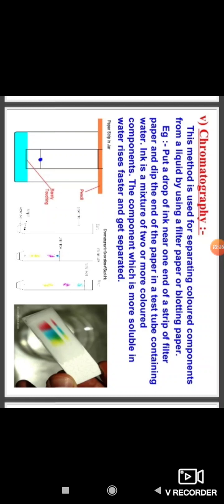Put a drop of ink near one end of a strip of filter paper and dip the end of the paper in a test tube containing water. You know that ink is a mixture of two or more colored components.